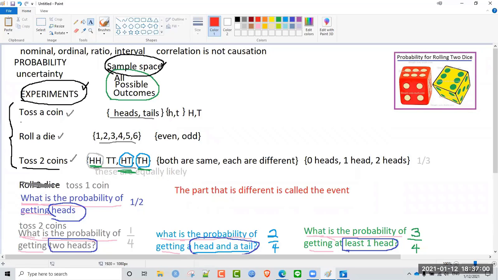Andre Vincent, what would you say? It's basically the probability of getting a head and a tail. Not exactly. Okay, we won't mark you wrong, but we won't mark you right either.